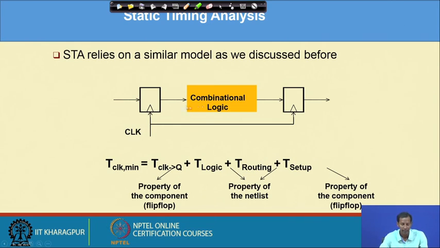Net delay means that as the gates are connected from gate 1 to gate 2 or gate 2 to gate 3 by wire, the wire has an RC component. Because of that it takes some time for the signal to traverse from one node to another through that wire. Those delays will also be considered in this case. So, that is this T routing.